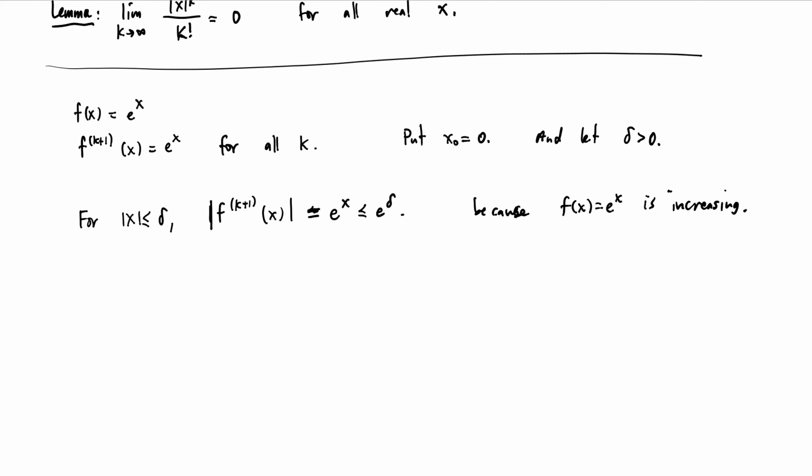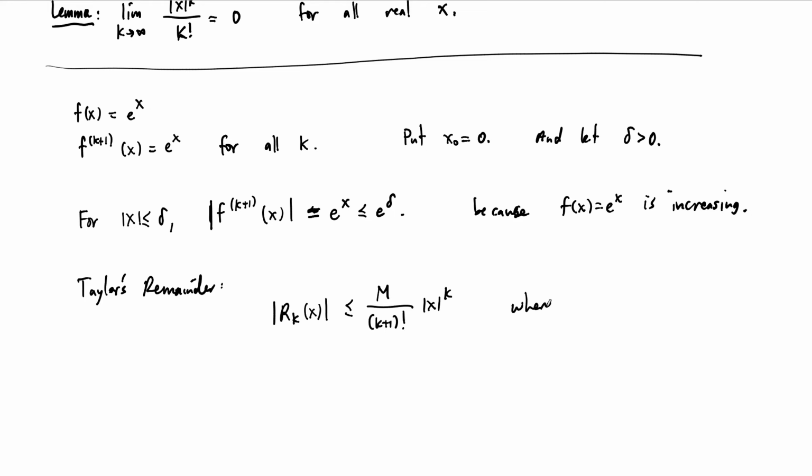All right, so there's a bound on our k plus first derivative. At this point, we can call in Taylor's remainder theorem. So let's remember, Taylor's remainder is the following. It says that the kth remainder, r sub k, is bounded by the maximum of this derivative. So I'm going to write this as m over k plus 1 factorial x to the k plus 1, right?